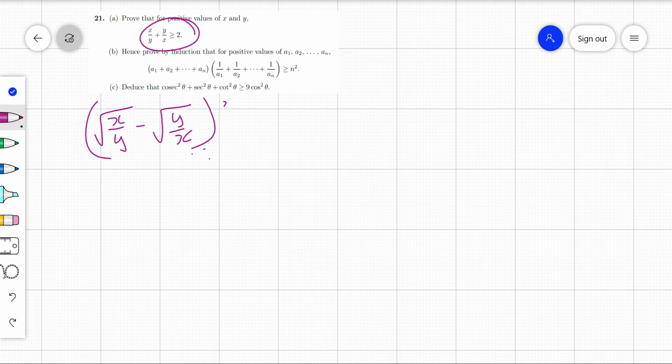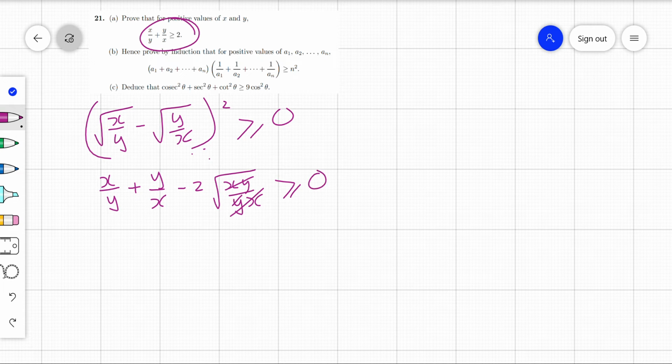Now we know that all squared, of course, has to be greater or equal to 0, and when we square that, we get the x on y term, we get the y on x term. We also get minus 2 lots of x y on y x, so of course they cancel and you get a 1 there. So we do get our x on y plus y on x is greater or equal to 2, which is what we wanted.